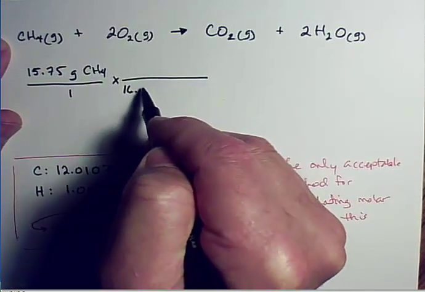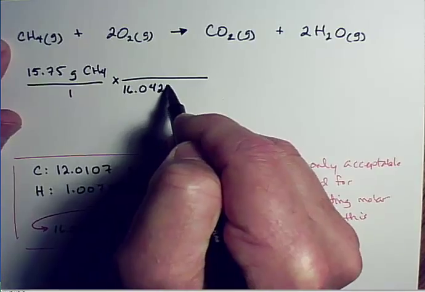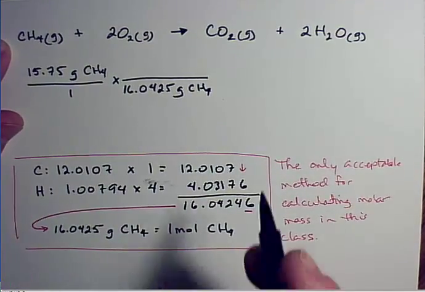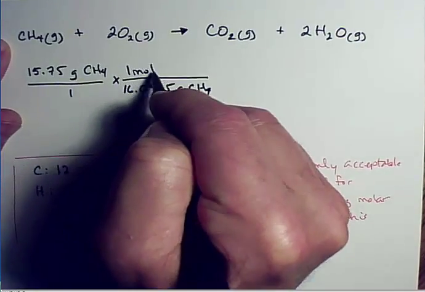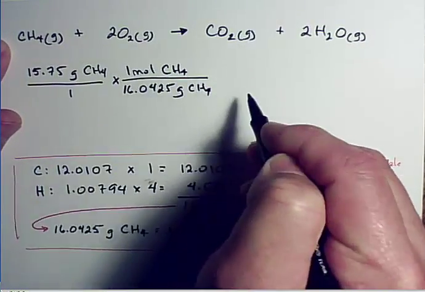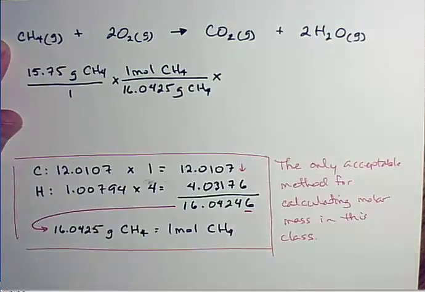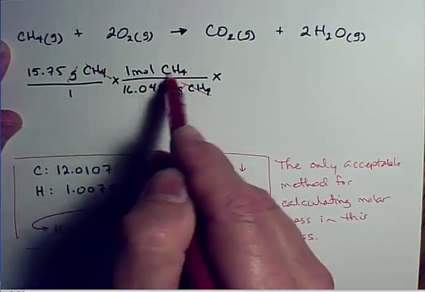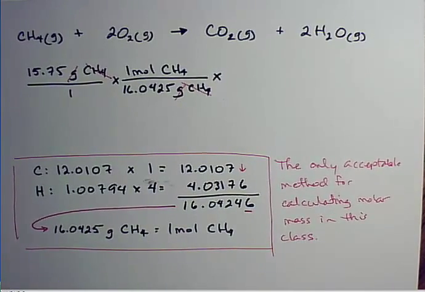And so we'll put 16.0425 grams of methane on the bottom. The other side of the equality statement goes on the top. 1 mole of methane goes on the top. And when we simplify by canceling out grams and methane, we're at moles.